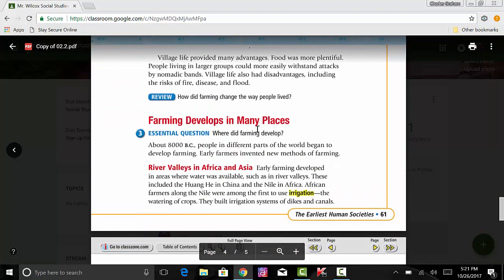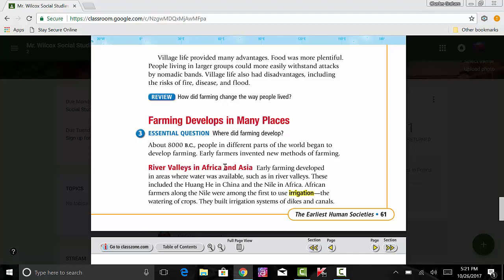Farming develops in many places. River valleys in Africa and Asia. A river valley. Well, I know that as rivers flow down the mountains, the water starts to carve canyons, and the longer a canyon exists, the more water erodes, and then eventually valleys are formed by the rivers.